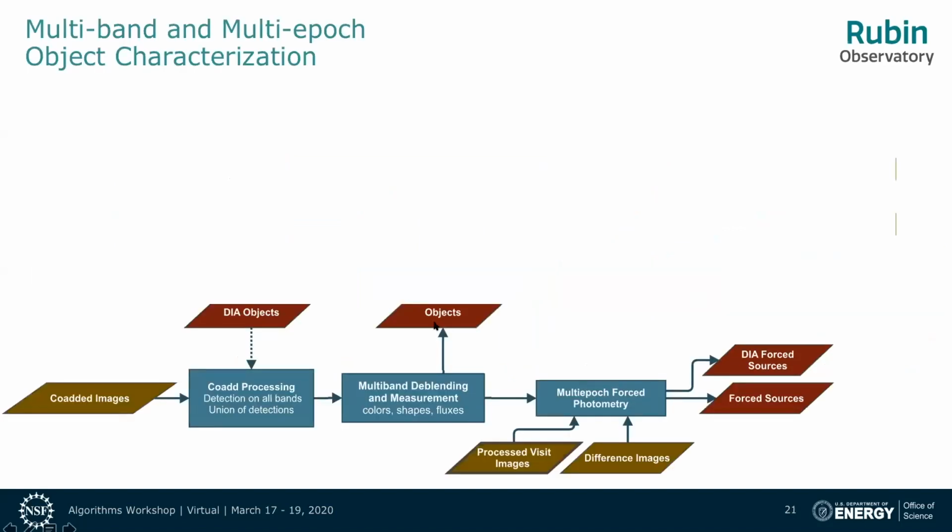For the coadd side of this, we take the coadded images, do detection on all bands, take the union of those detections, and optionally fold in the union of the objects detected on the difference images. And then do blending and measurement, including colors, shapes, and fluxes.